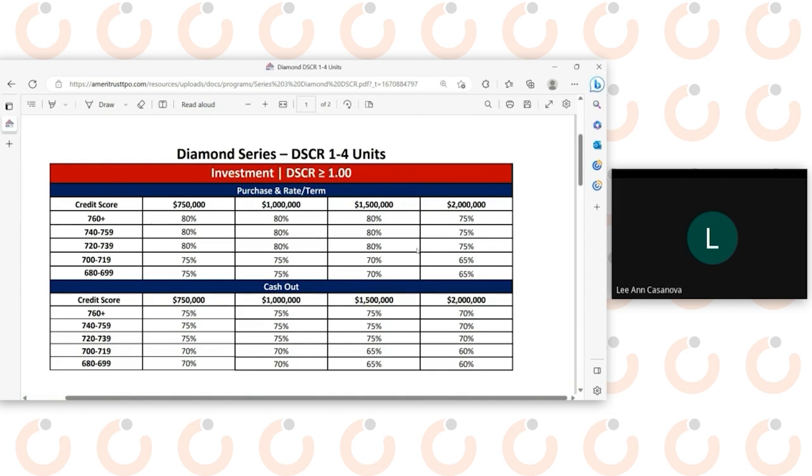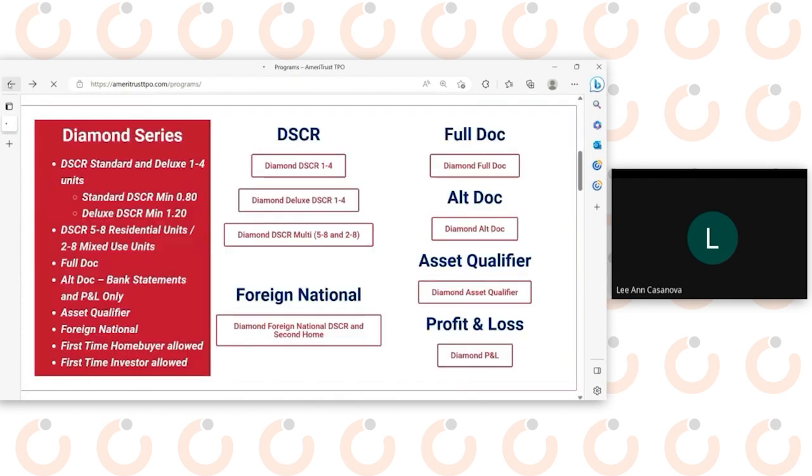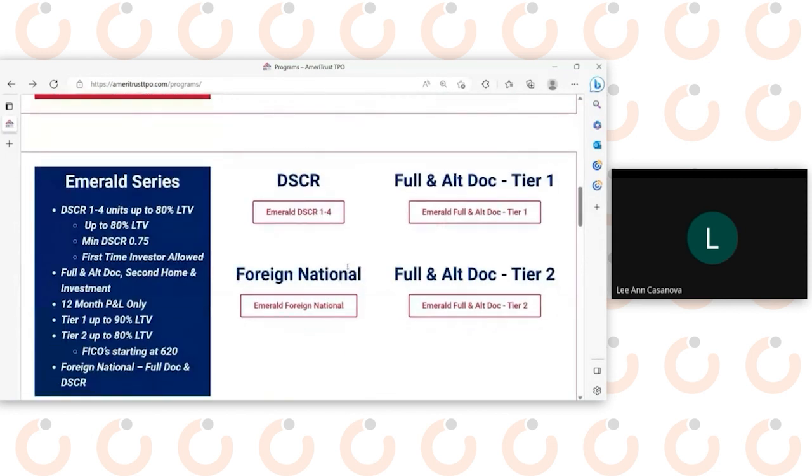You can do 80 up to, once you get to 2 million, you can only do 75. Okay? So everything we do, we kind of try to put it at your fingertips. So every matrix is broken down on here by product type. Okay? It'll give you a little bit of the background of what's required for it. And same thing for the next series.